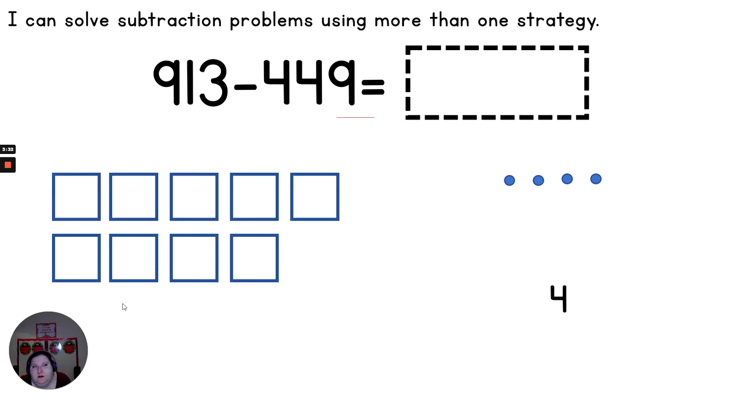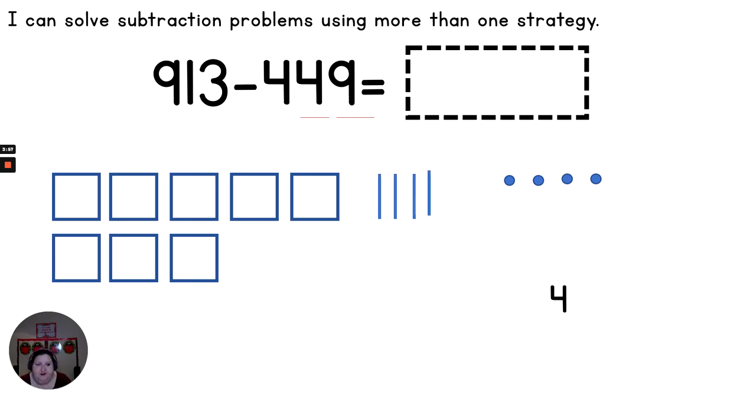Well, wait. We can use that same idea, right? Sure. Well, 10 tens is 100. So we can take 100 away and turn it into 10 tens. We got this. Okay, let's do that. So in order to take away 40, we're going to take away 100 and turn it into 10 tens, which is still 100.